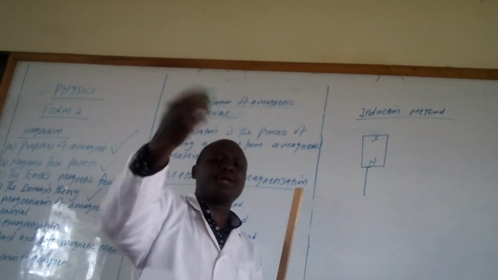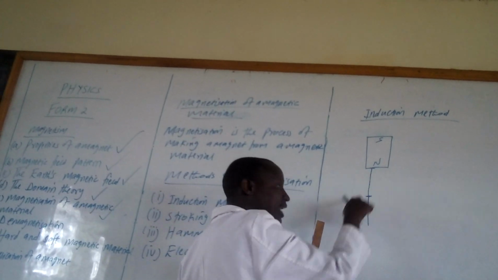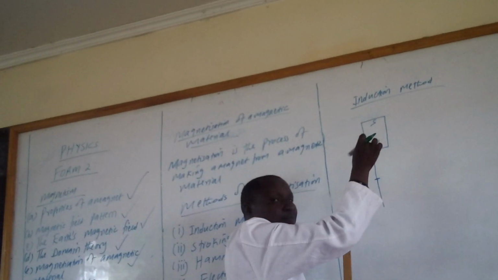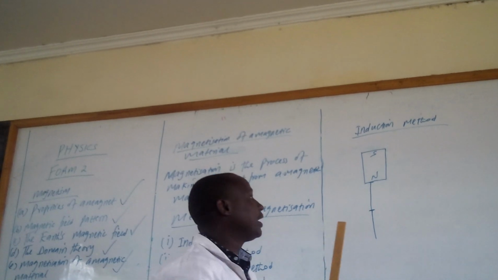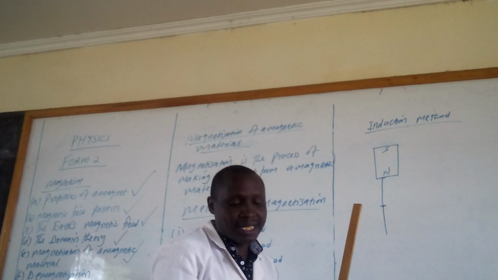When you then bring another pin downwards here, you will find this pin will attract this one. What does that mean? That means the first pin has been induced with magnetic properties, and now it acts as a magnet.